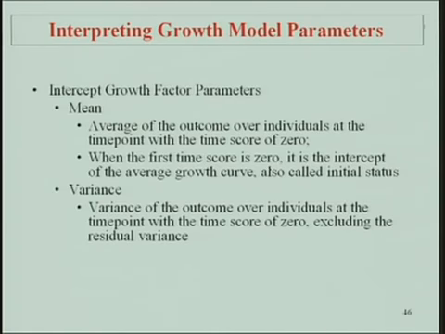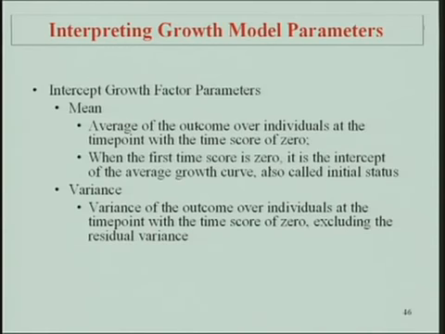For the intercept growth factor, we have the mean, interpreted in words like this: the average of the outcome over individuals at the time point where the time score is 0, say the first time point, grade 7. It's the intercept of the average growth factor, also called initial status. If it's a first time score, that's 0. And it has a variance, which tells you the heterogeneity of individuals.